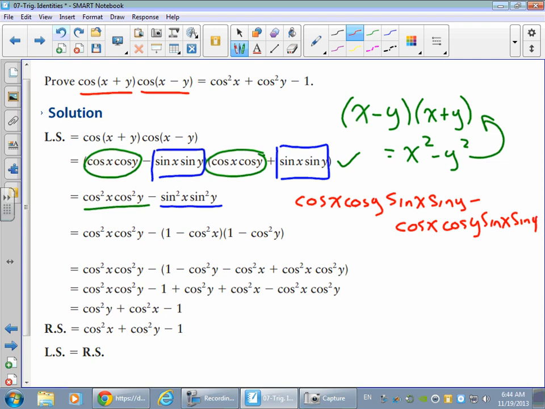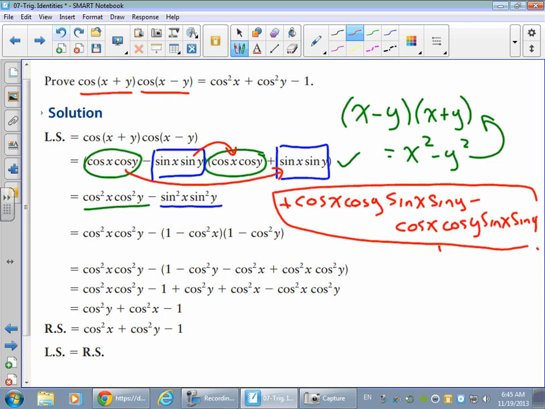So this times this gives us the positive, this times this gives us the negative, and of course, all of that just goes to 0. And so the middle term essentially disappears.